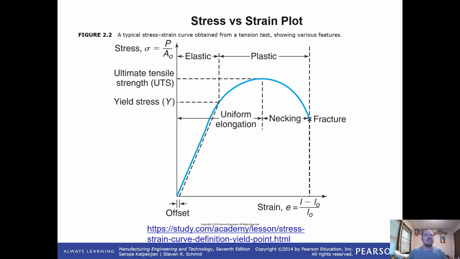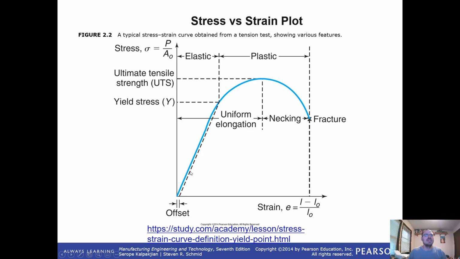Alright, stress versus strain plot. So, I should probably have put this first, but this is something we're going to be studying this semester. And this is, again, what we've been talking about, what we're able to get as far as material properties to use in equations and calculations and things that we do in engineering. They're pulled from a plot like this. So metals, plastics, they'll have a stress-strain plot.